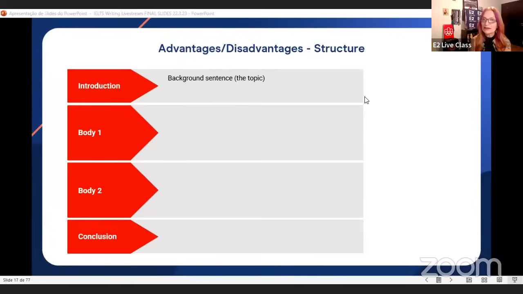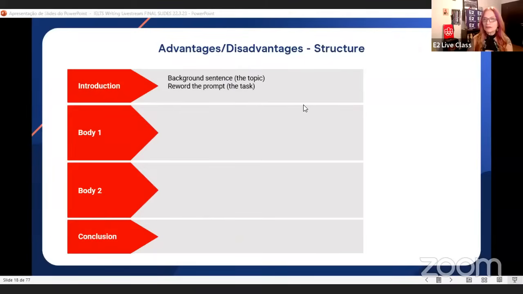The background sentence, what is the function of the background sentence? It's to inform the reader of the main topic. So it's kind of like this, hey reader, you're going to read about this. So that's the function of the background sentence, okay? It's the writer talking to the reader in a way of introducing what's going to happen, the big picture.